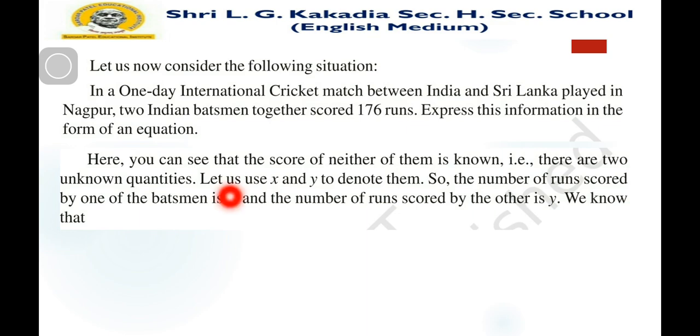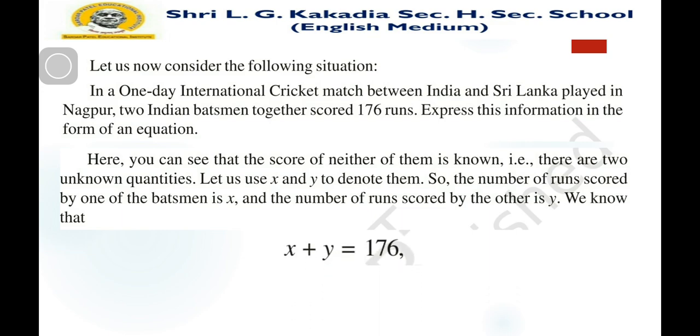Let us use x and y to denote them. So the number of runs scored by one of the batsmen is x and the number of runs scored by the other is y. We know that the sum of x plus y is equal to 176.